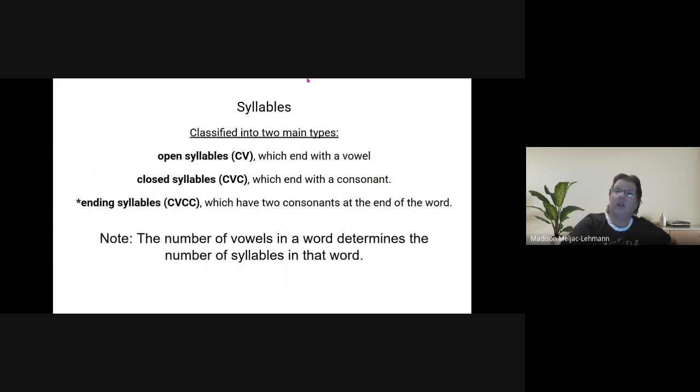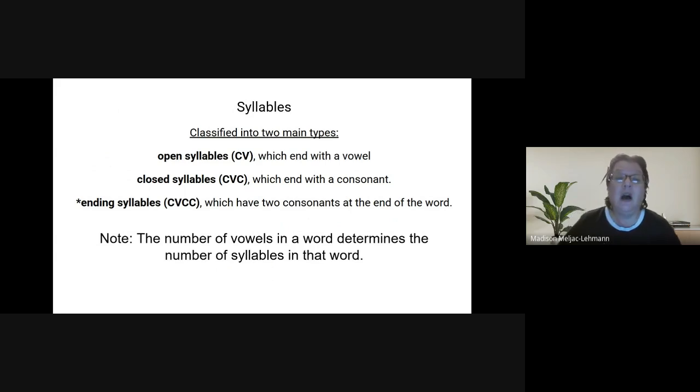Okay, now, we just talked about syllables, open and closed. Don't get too in the weeds about this, because once we start reading, you're going to hear me say all the time in front of a word, is it a consonant-vowel? Is it a consonant-vowel-consonant? And very rarely we're going to talk about consonant-vowel-consonant-consonant.